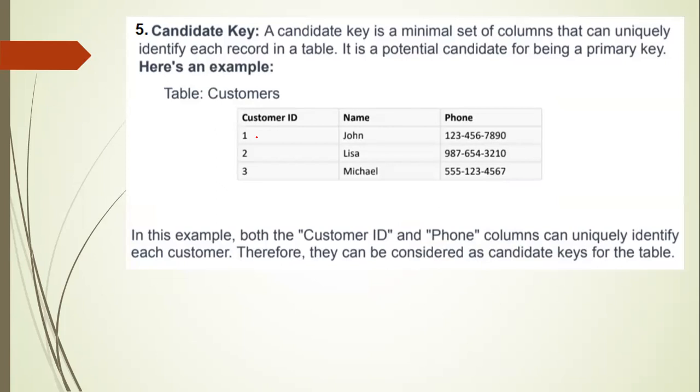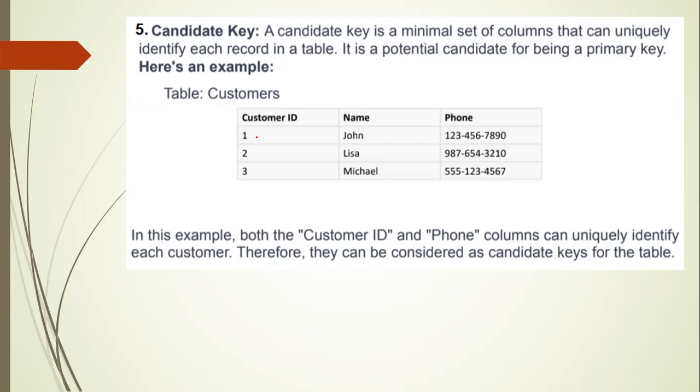There will be a minimal set of columns which uniquely identify each record, but there should be one primary key. Now if you take an example of customers, customer ID is there, name is there, and phone number is there. Every person will have different phone numbers.